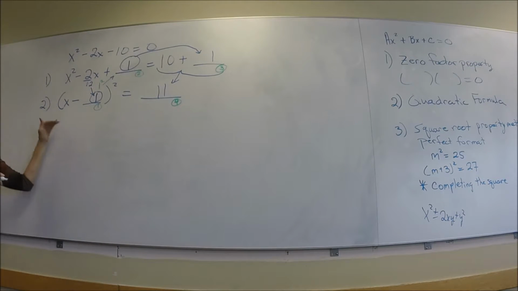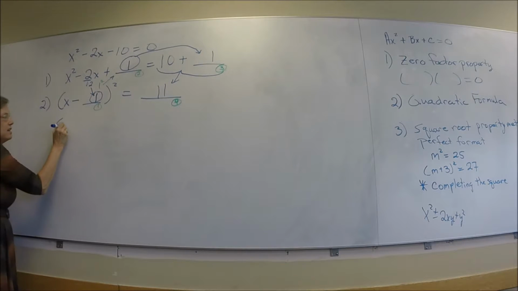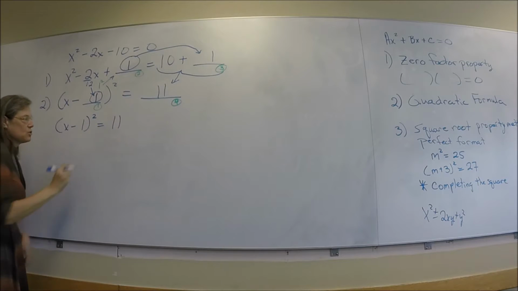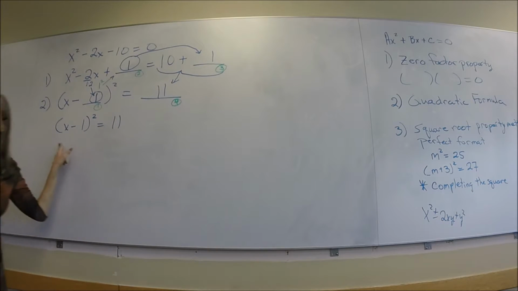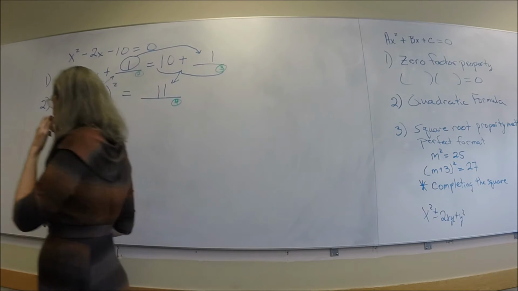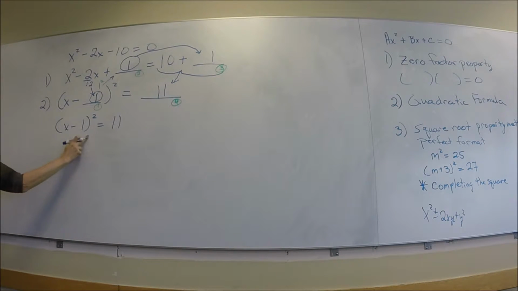Okay? Now, you guys won't have to rewrite this, and we won't in the next examples, but I'm going to rewrite this right now so that you can see that it's in the proper format. This is what we have now. Does this look like this? Okay. So now I'm ready to use the square root property method.